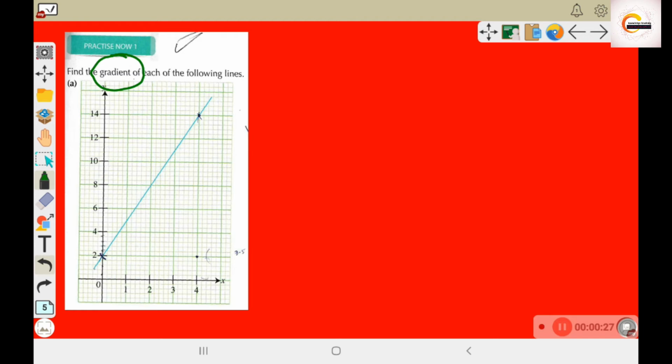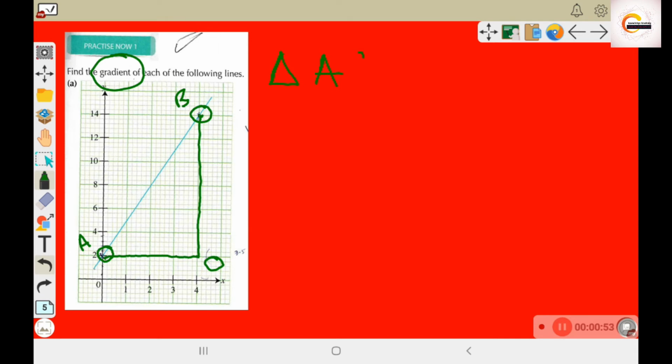So I am going to take 2 very easy points, A this and B this, and I am going to make a right angle triangle. Let's call this point O.